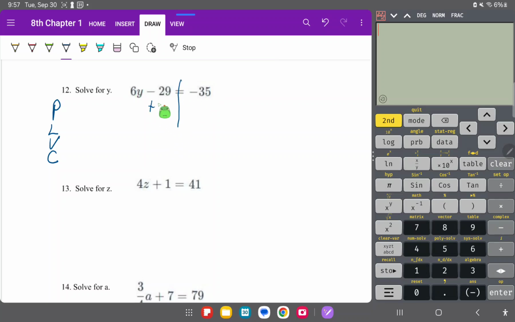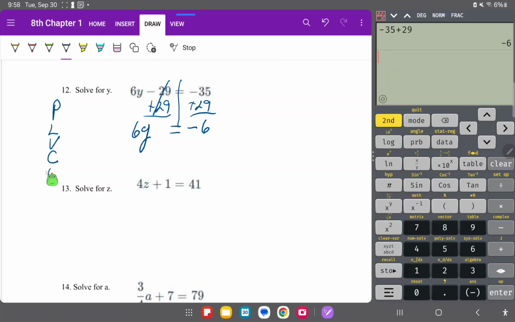So we're going to add the 29 like this, right? And we add that so it'll cancel out because we got to get this guy all by himself. So we bring down the 6y and we do equals, and that's going to be negative 6, right? Because negative 35 plus 29 is negative 6.